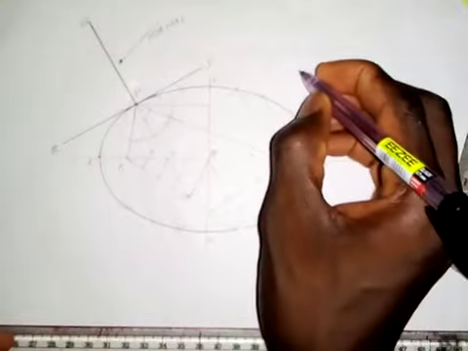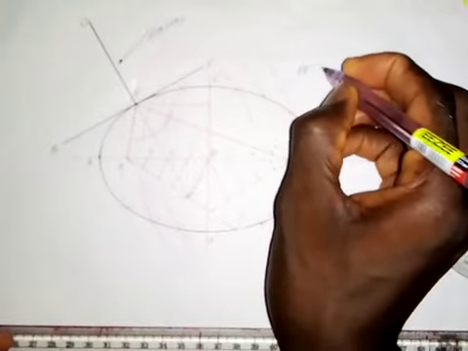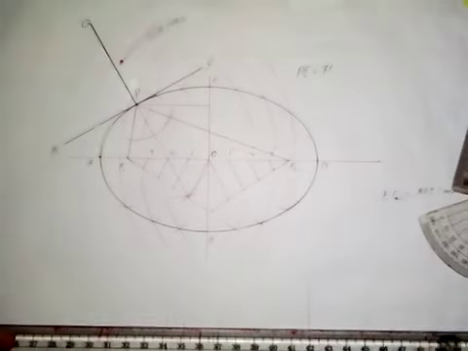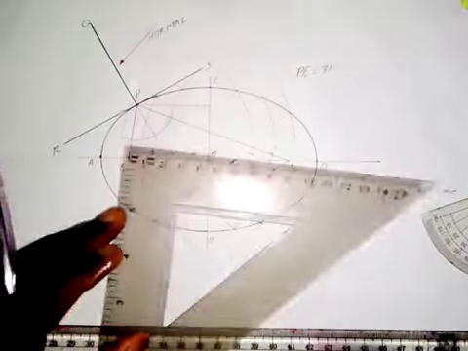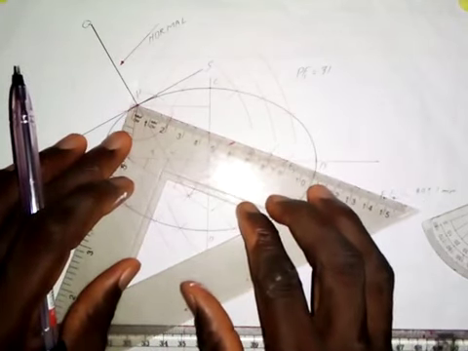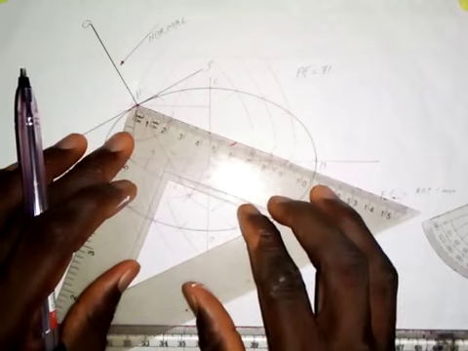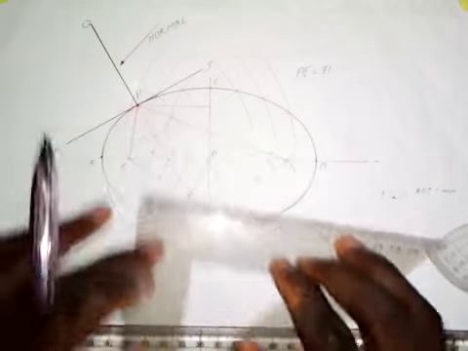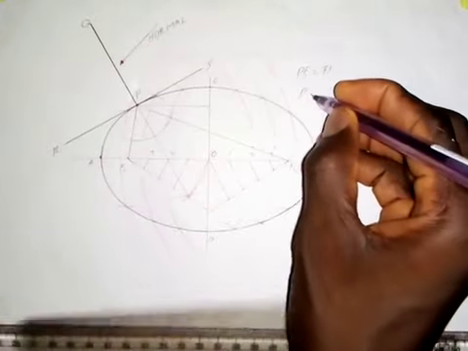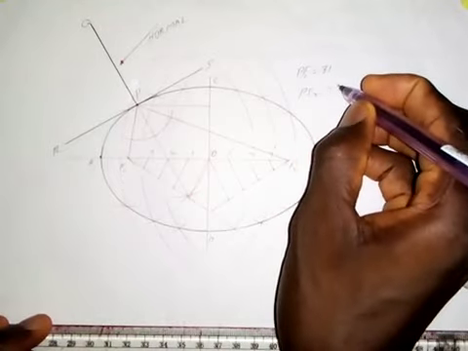So I'll write here PF1 is equal to 31 millimeters, and also PF2. If I take this distance from here to here, this is 90, sorry, it is 89 millimeters. So PF2 is equal to 89 millimeters.